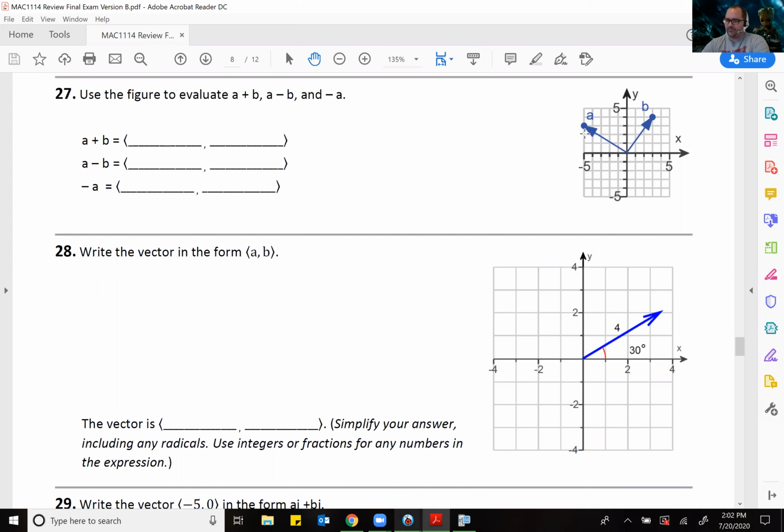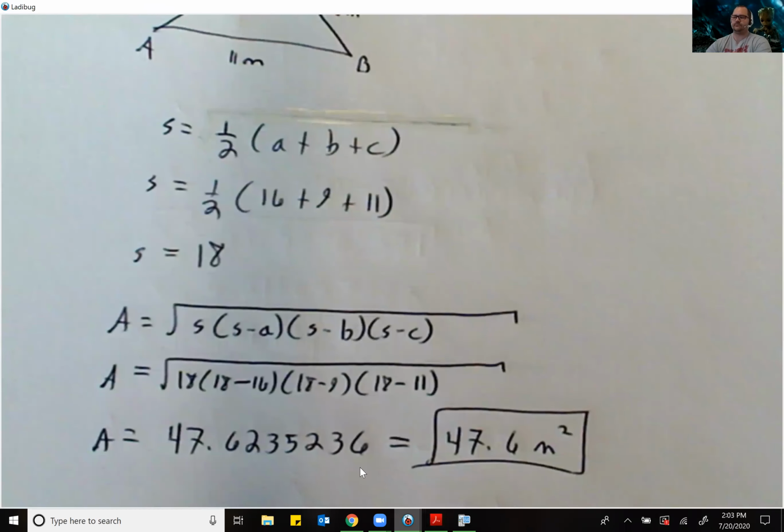It's kind of like writing points, but you don't use parentheses, you use kind of like greater than, less than symbols. So our vector B is 3, comma 4. So the horizontal component is 3, the vertical component is 4. So these are the vectors that we're looking at.